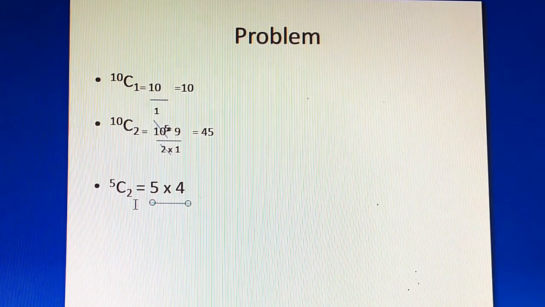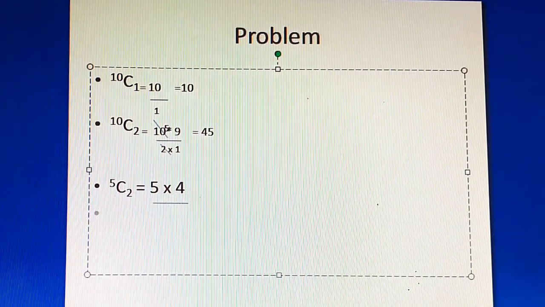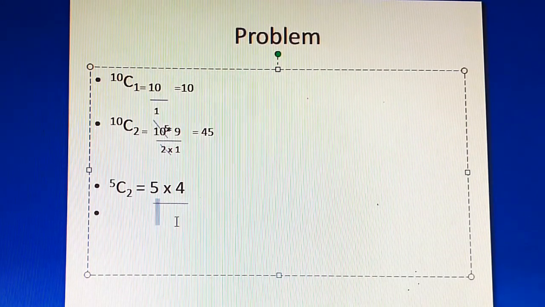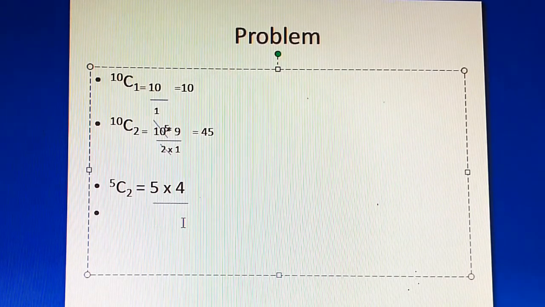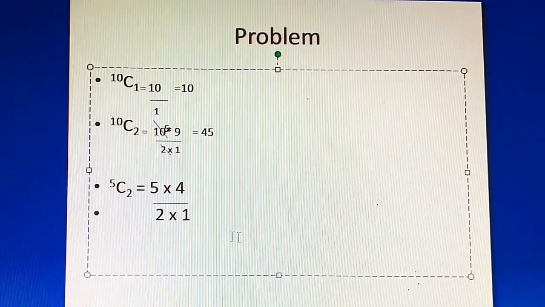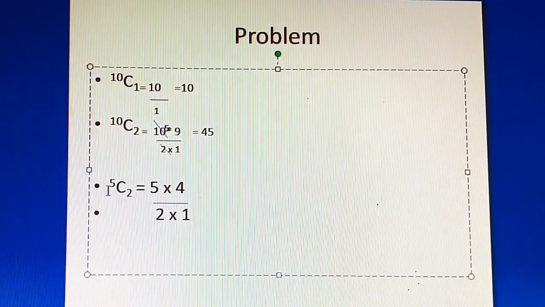r factorial. Okay, so r is 2, so 2 factorial can be written as 2 into 1, right? So I'm just going to insert it here. Okay, 5C2 can be written as 5 times 4.